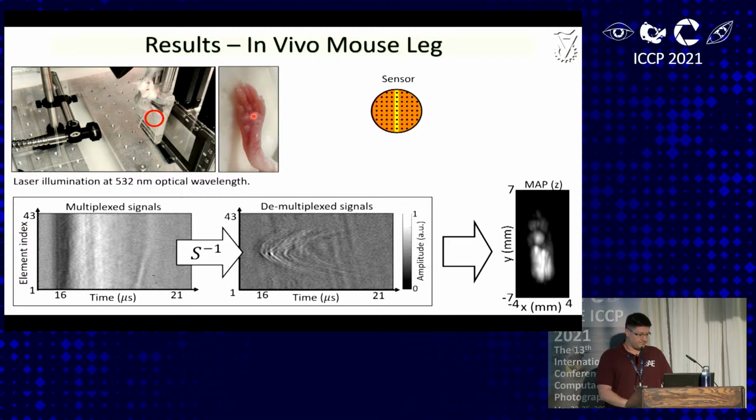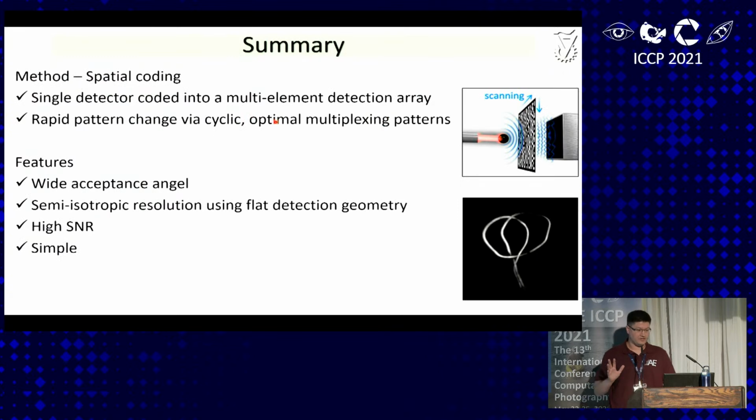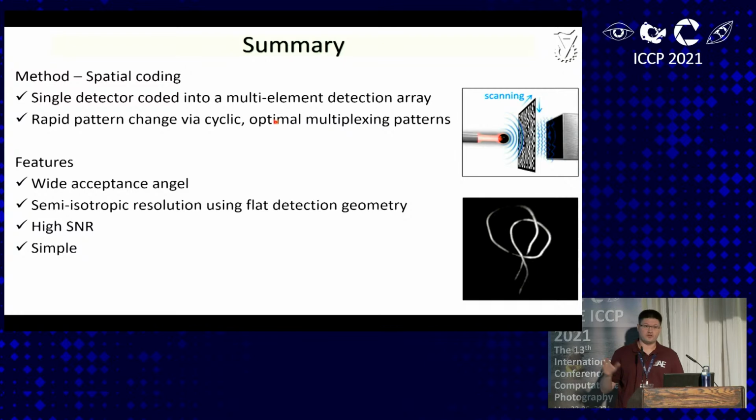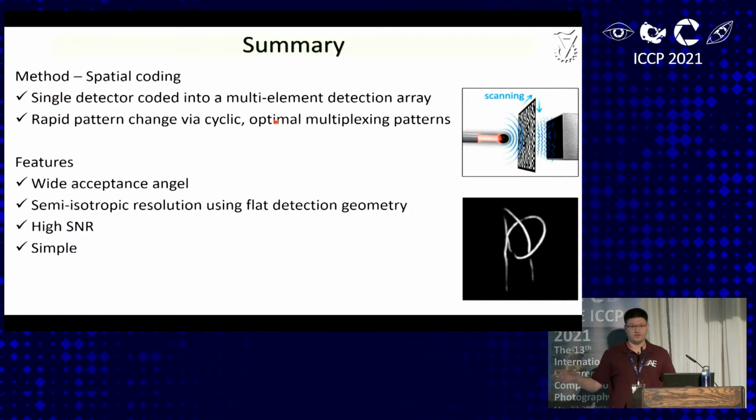And I think I can summarize that we developed a spatially coding method to transform a single detector to a multi-element detection array. And it was created by enabling rapid pattern changing by cyclic configurations of a multiplexing base. So we have a wide acceptance angle, which leads to semi-isotropic resolution using the simple flat system geometry. And we have a high multiplexing SNR, which is the optimal multiplexing gain.